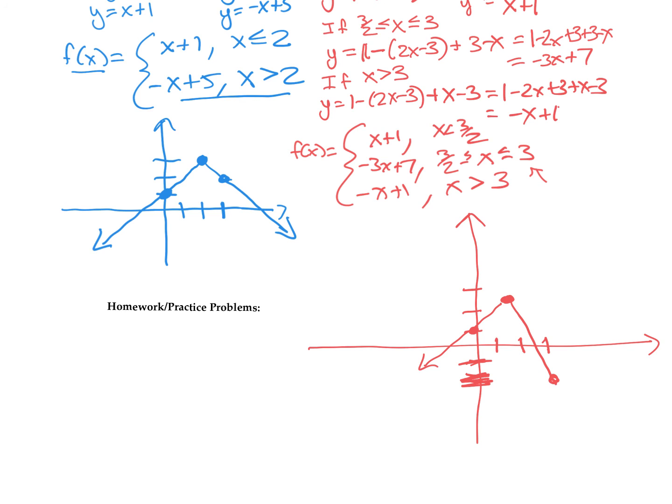And now the last piece. I'm starting at 3, and when I put in 3, I get negative 2. It's already filled in, so I don't have to have an open circle there. Then when I put in, say, 4, another x-coordinate here, I get negative 4 plus 1, or negative 3.